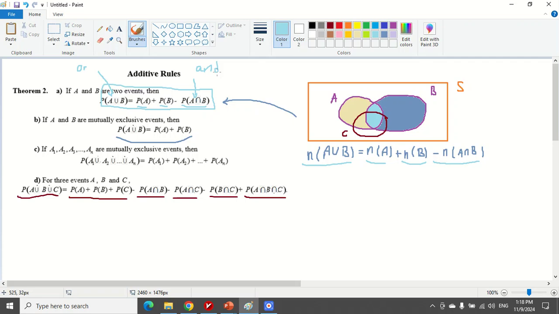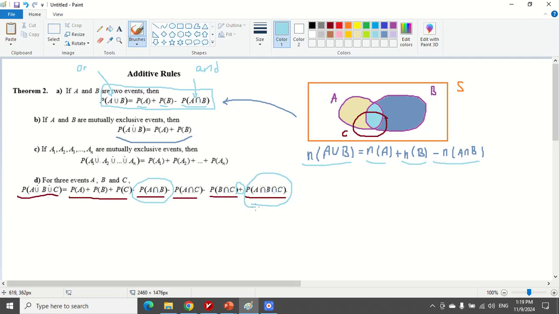For 3 events, the probability of their union is still equal to the sum of their probabilities, minus the probability of their pairwise intersections, and at the end we add the probability of their joint intersection.